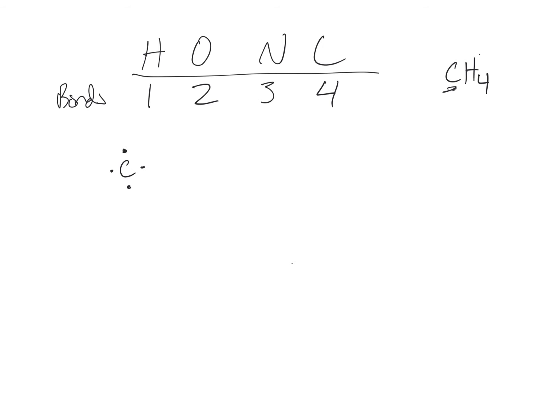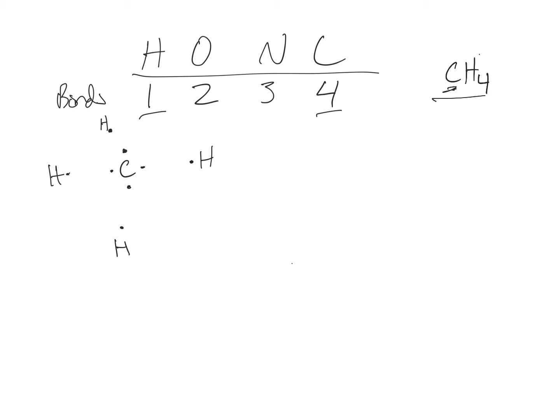Hydrogen is in the 1st column, so it only has 1 valence electron. You're going to start to notice a pattern, because the way that these bond also has to do with their valence electrons. I'm going to draw 4 hydrogens here, and I'm going to draw them in a specific way. I'm going to put one up here.